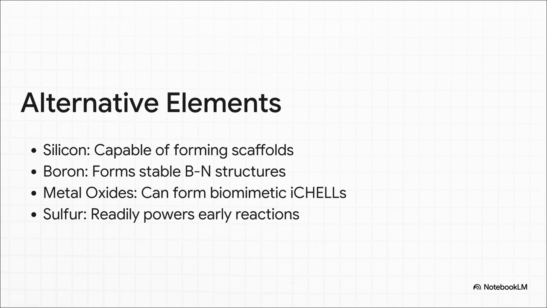That means silicon-based life isn't just a trope for sci-fi villains. Boron can do the exact same thing. And it gets wilder. We could theoretically see life based on metal oxides and sulfur. In fact, laboratory experiments have already formed inorganic chemical cells called ice shells that mimic biological membranes using metals.